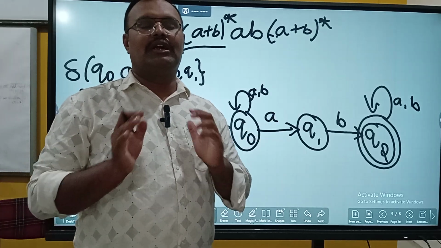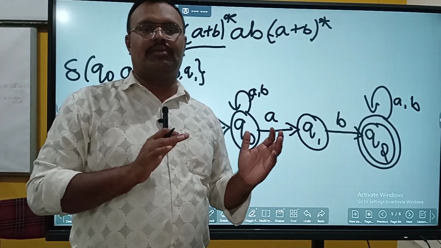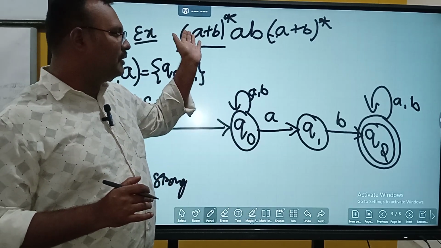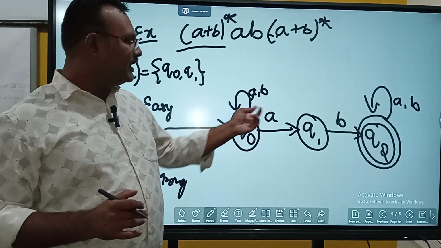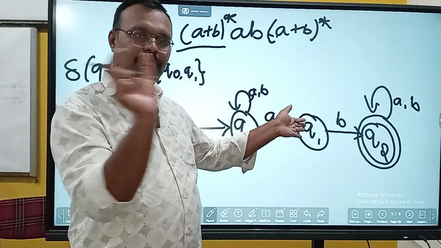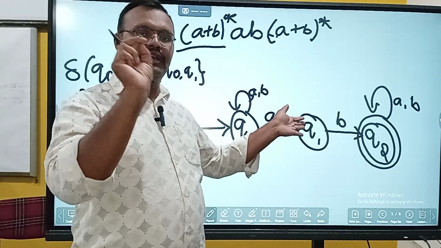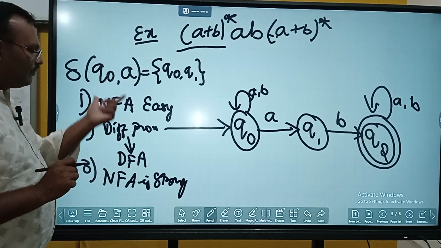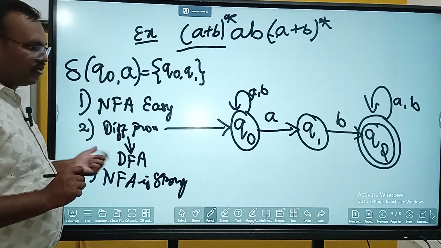So this is the definition of non-deterministic finite automata. We have seen an example, and in the example, we have seen that on a single alphabet, it can go to multiple states. That is why in the name itself, it says non-deterministic. And we have seen what the advantages of non-deterministic finite automata are.